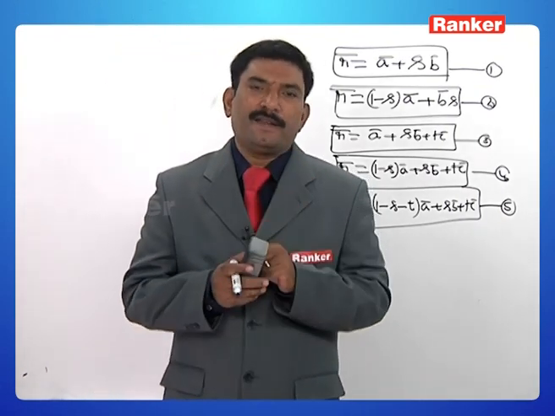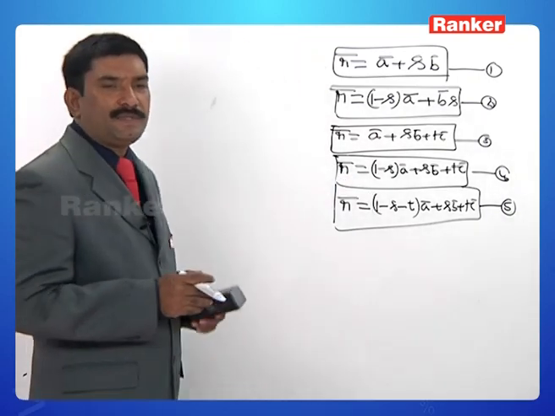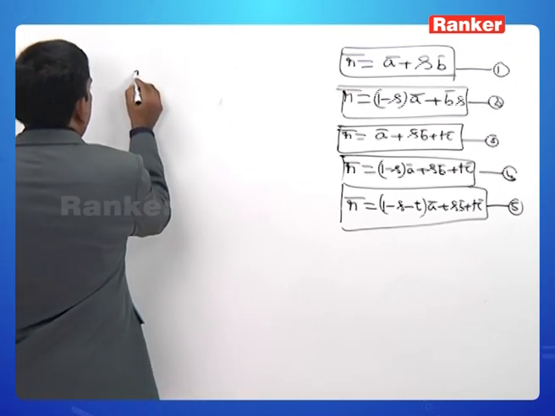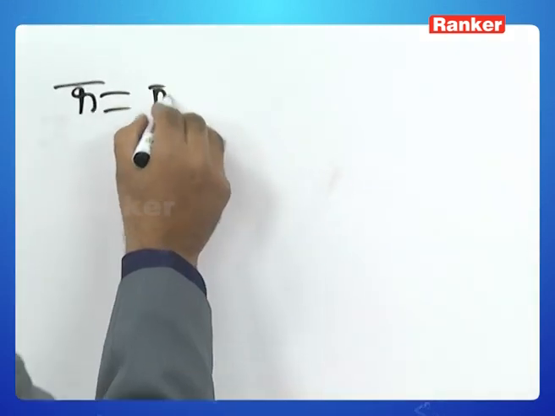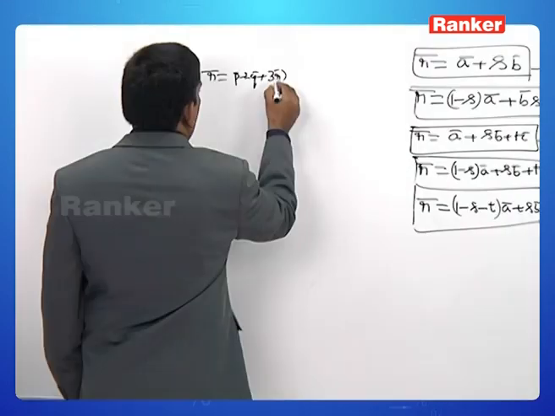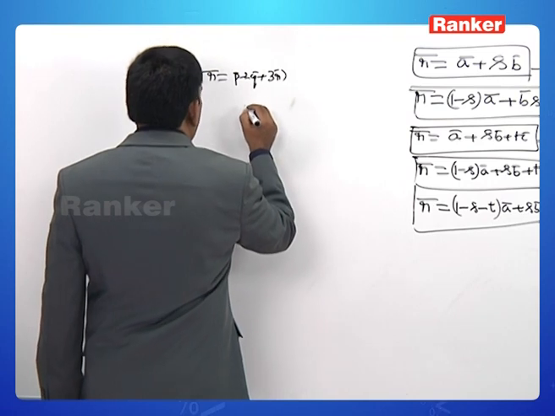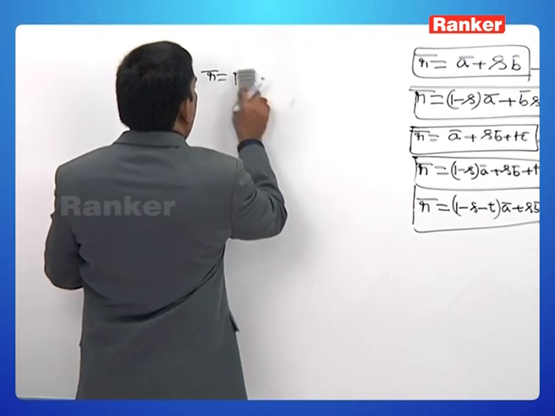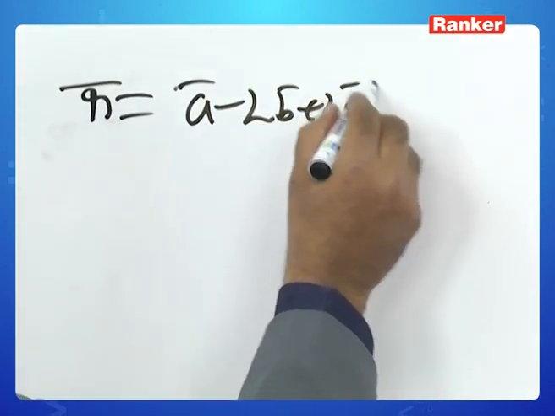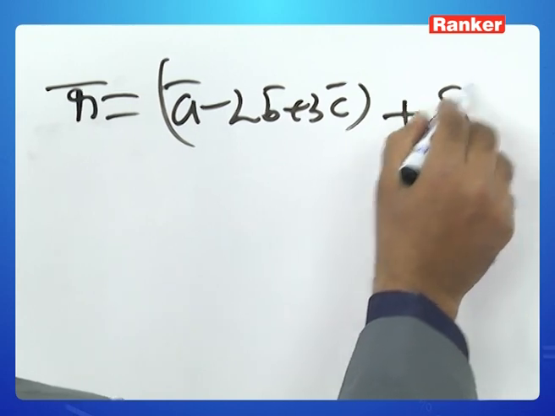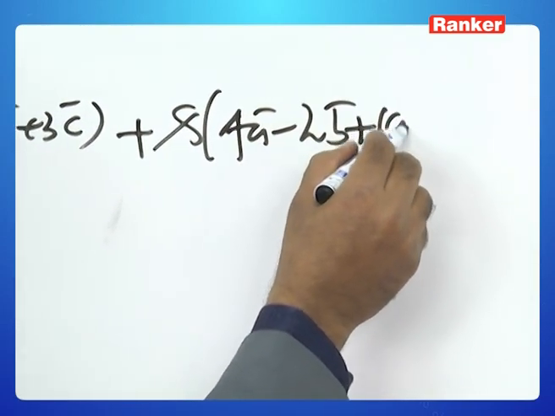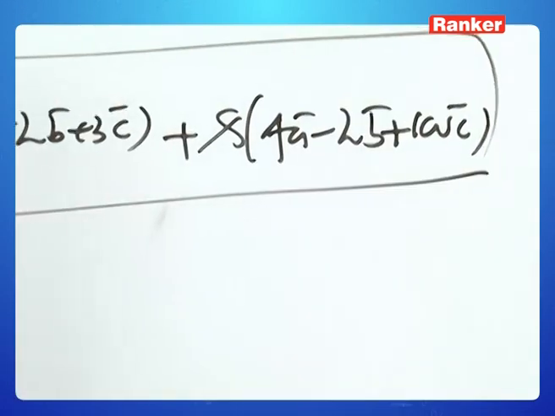Sometimes in the examination he gives, for example, R bar equal to P bar minus 2Q bar plus 3R bar. Instead of P bar and Q bar, you take A bar minus 2B bar plus 3C bar plus s into 4A bar minus 2B bar plus 100C bar. What does this represent?